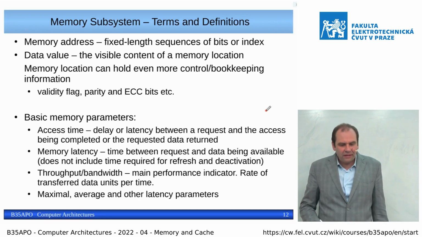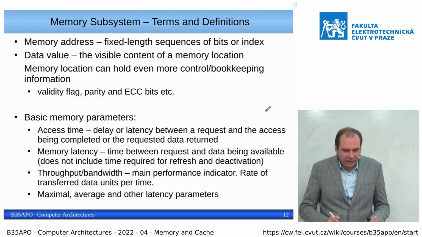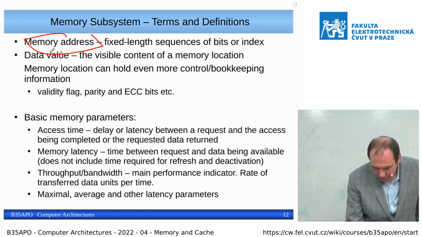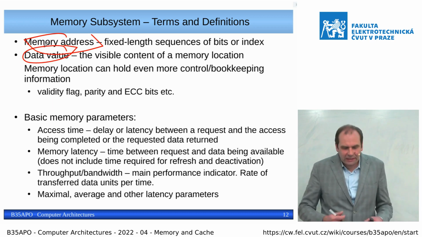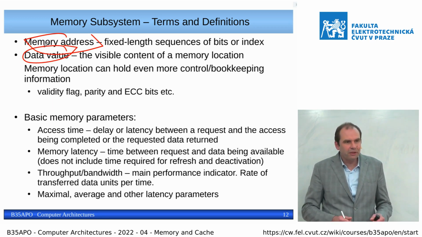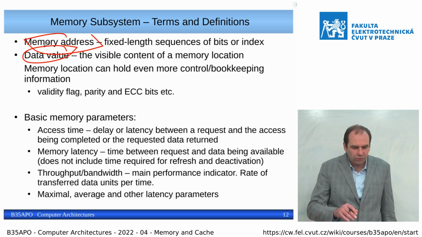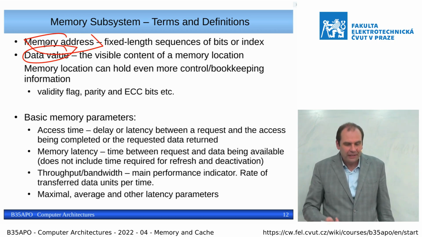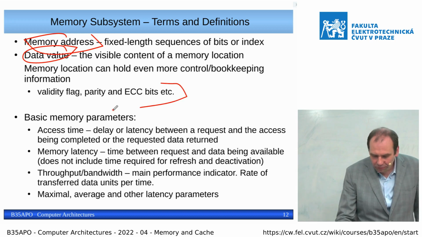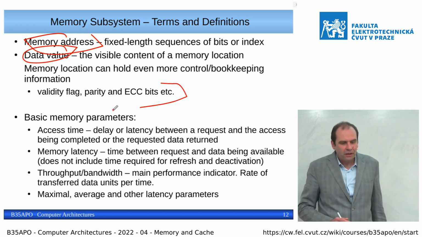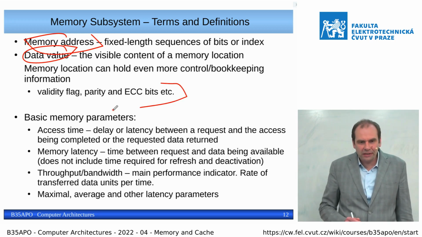And if we look at the actual memory, then we have the memory address and memory data, which is the part of the memory visible to the user, where you can store your value or read it back. And then there can be a part of memory which is invisible, which holds some service information.